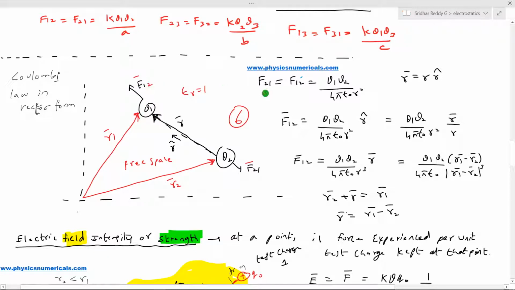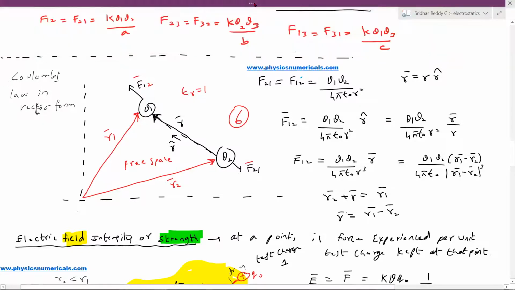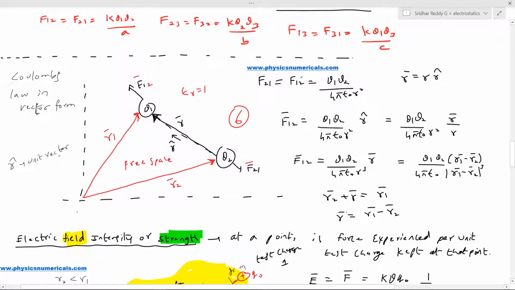So I know the magnitude of F12. Then I want the direction. The direction is given by R cap. What is R cap? It is a unit vector directed along R bar.